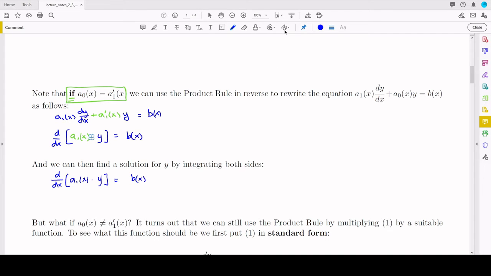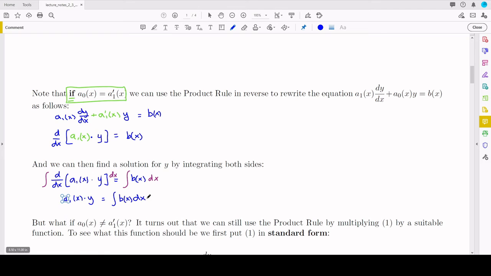And now we're going to integrate both sides with respect to x. So integrate b of x dx. And what that does is the integration cancels out the derivative. And so on the left, we're left with a1 of x times y. And on the right hand side, we have the antiderivative of b of x.